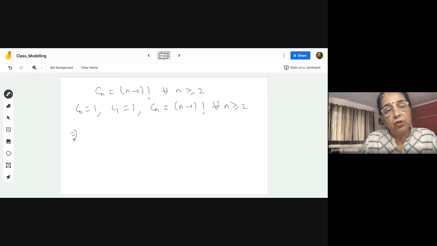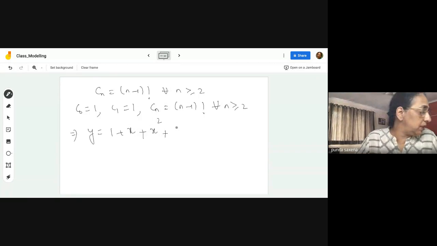So basically, what is your y now? 1 plus x plus, what was C2? 1 only, so x square. What was C3? 2x cube, or 2 factorial x cube, 3 factorial x to the power 4, 4 factorial x to the power 5, and so on and so forth.